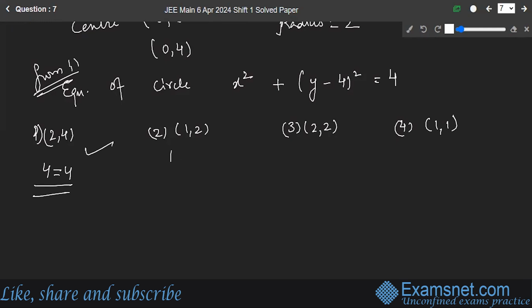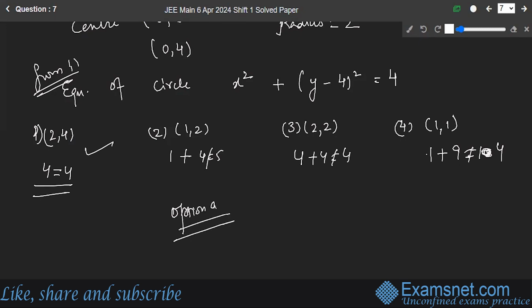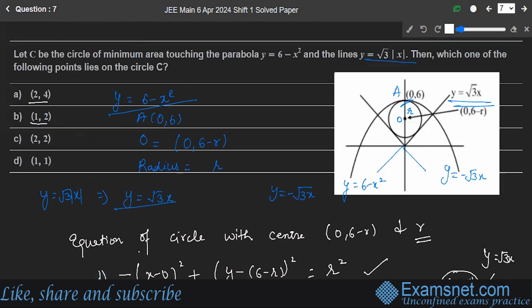This is 1 plus 2 minus 4, this will be 5. No. And this will be 4 plus 4. That's not equal to 4. And this will give me 1 plus 9. That is equal to 10 actually, but not 4. Okay. So that makes option A the right answer. Correct. That is 2, comma 4, option A.